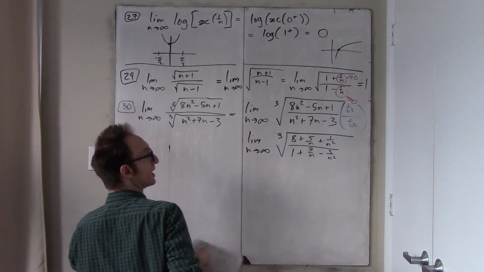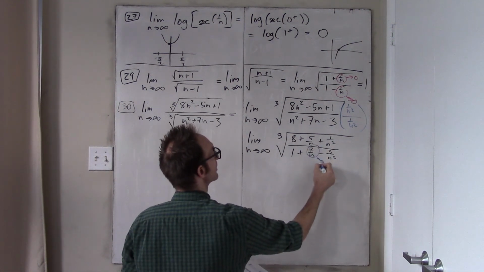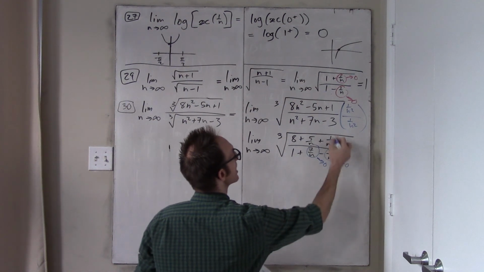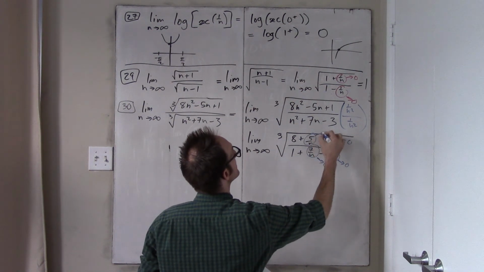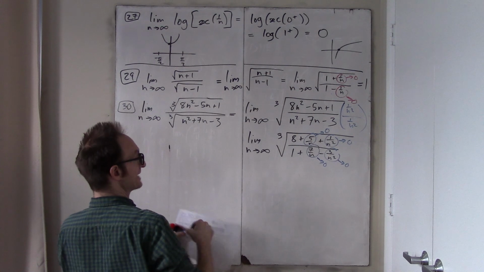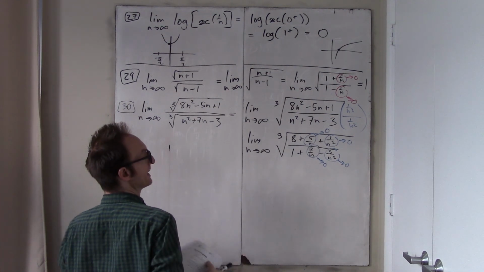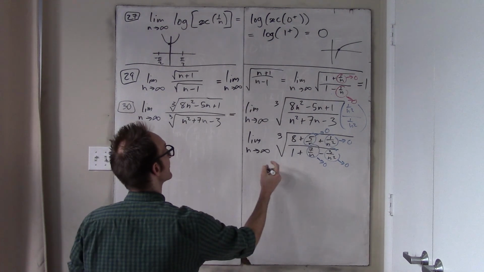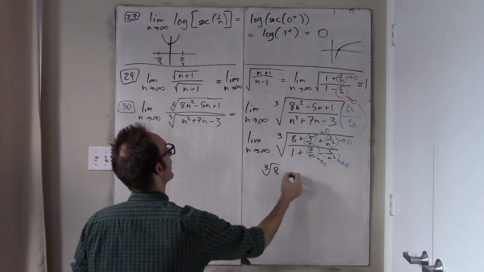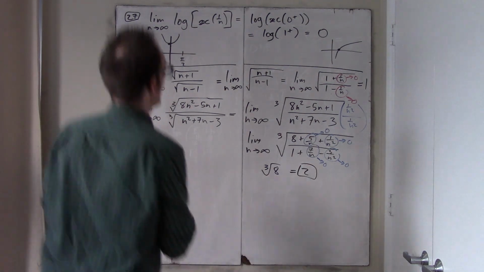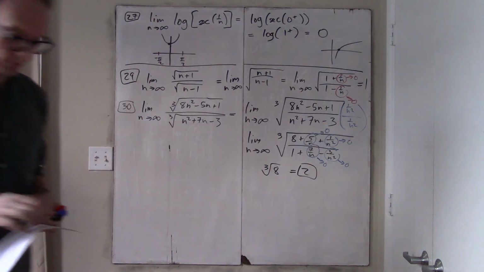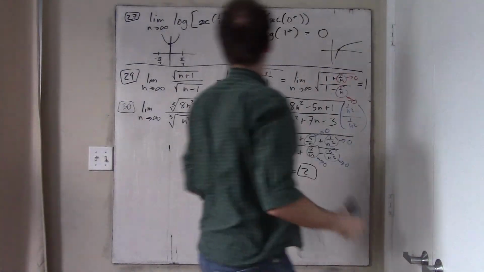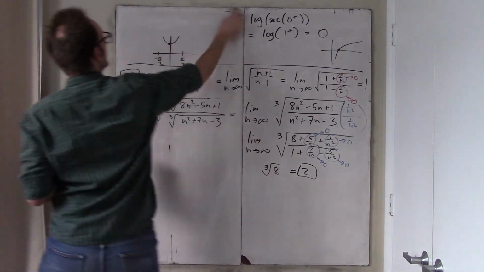And now this is going to 0, this is going to 0, this is going to 0, and this is going to 0 as n goes to infinity. So this is just the cube root of 8 over 1, and so the answer is just 2. Okay, those were sort of easy. Maybe we didn't need to do them at all.